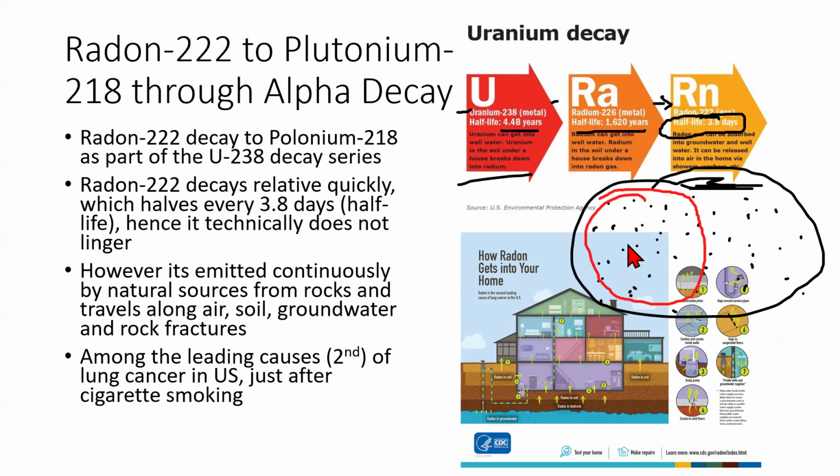For uranium-238, the half-life is 4.4 billion years. So after 4.4 billion years, 50 of the 100 uranium atoms would undergo radioactive decay into radium, while the other 50 would remain as uranium-238.